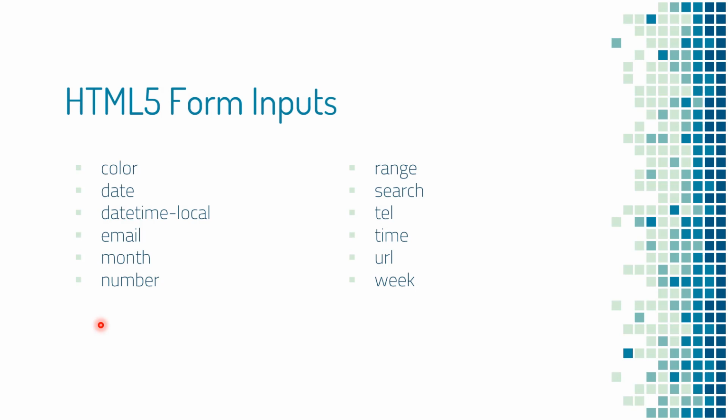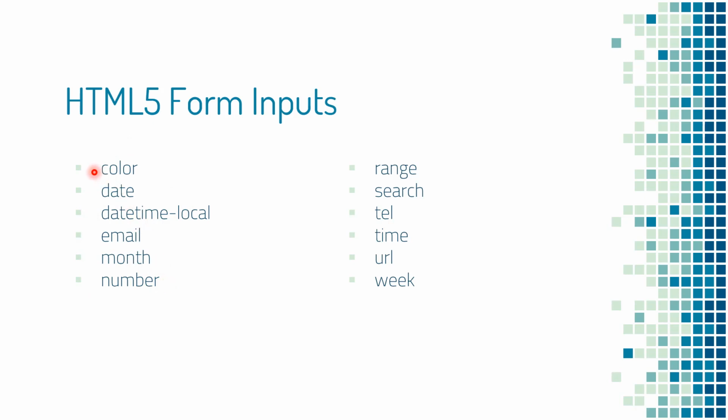HTML5, the latest version that we use these days to build web applications and web pages, provides more inputs. Back in the days, we used to have really limited types of inputs, but HTML5 offers more.